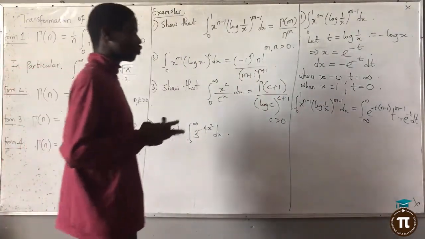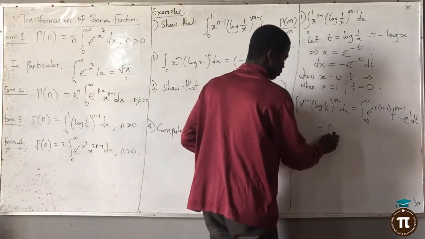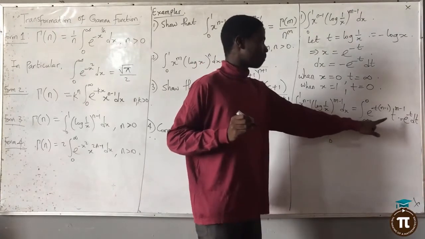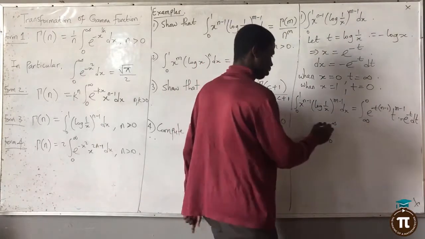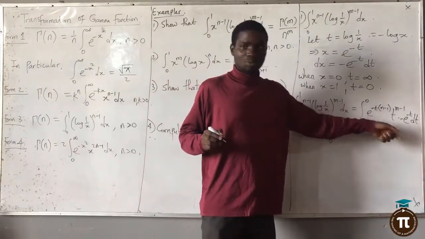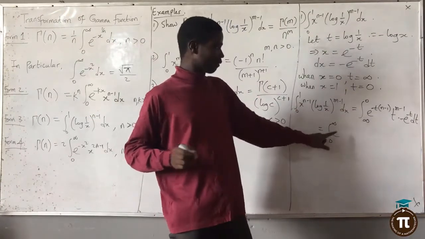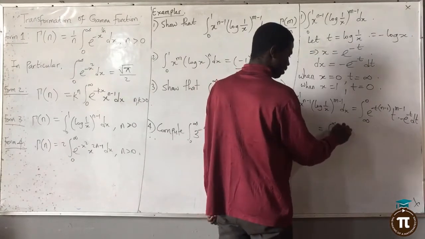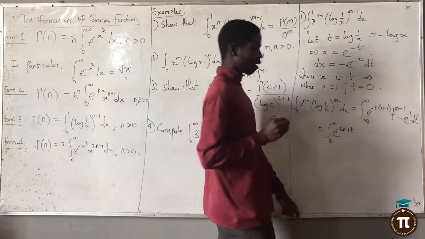So now I'll swap the bound. This bound becomes integral from 0 to infinity of t raised to the power of n minus 1. Let us be explicit, this negative will be out because I have swapped the bound to become 0 to infinity. This one will become e raised to the power of minus tn plus t, right?